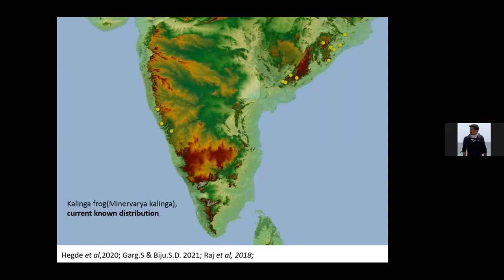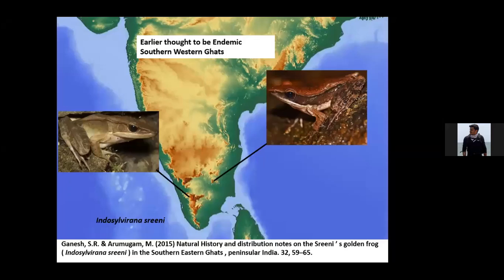Along with that, when we checked secondary sources or the literature, we got to know there are some other amphibians which are telling the same story. This frog is called Indosylvirana sreeni, commonly called Sreeni's golden-backed frog, which was found in the Southern Western Ghats, a very small range. Now it is found in the Eastern Ghats again, in the Kolli Hills.